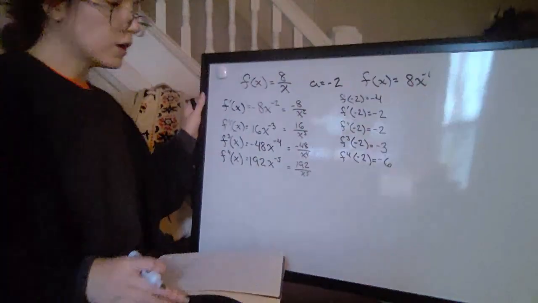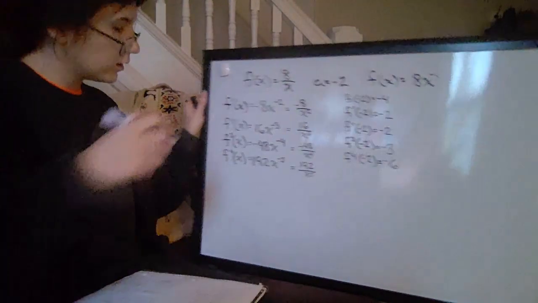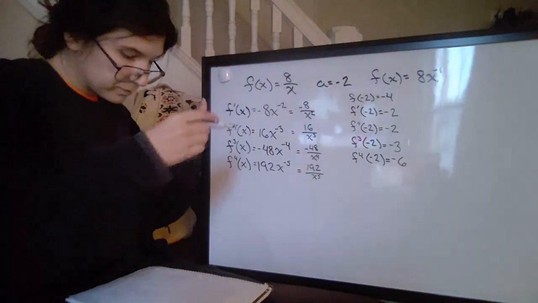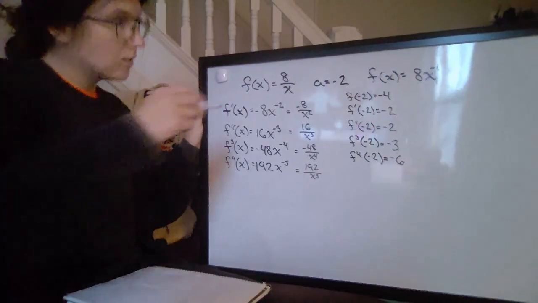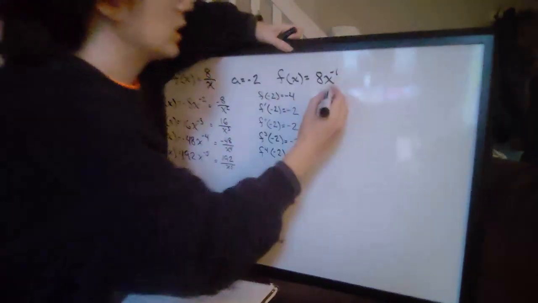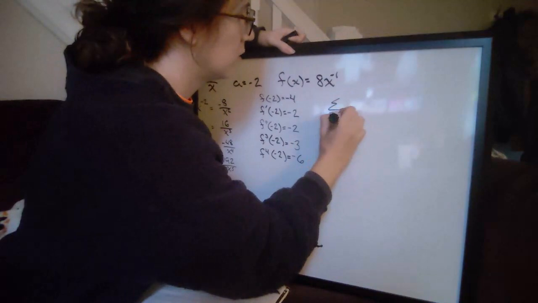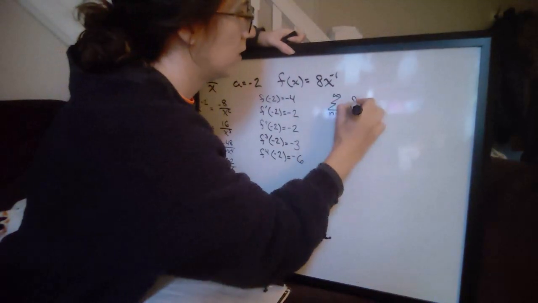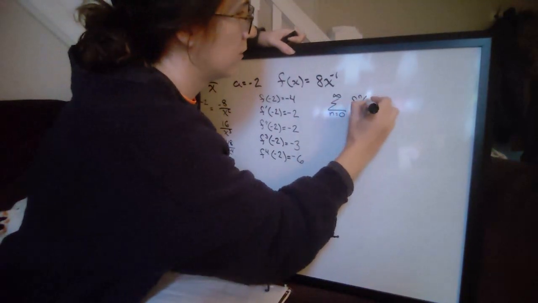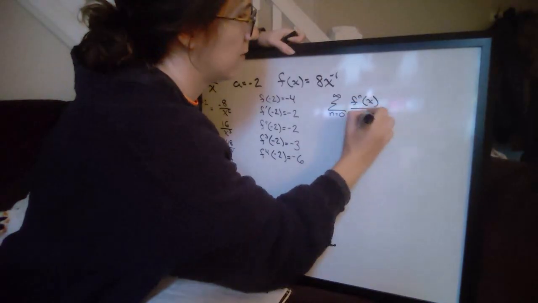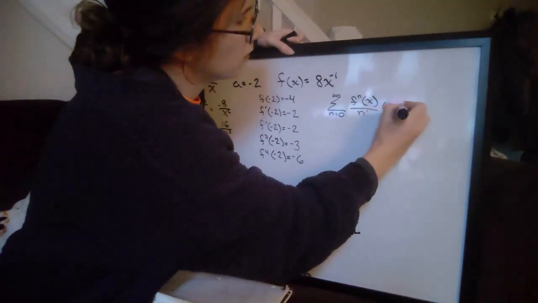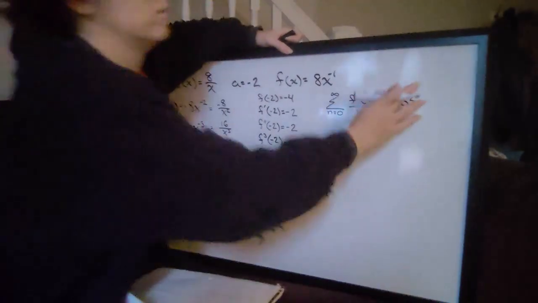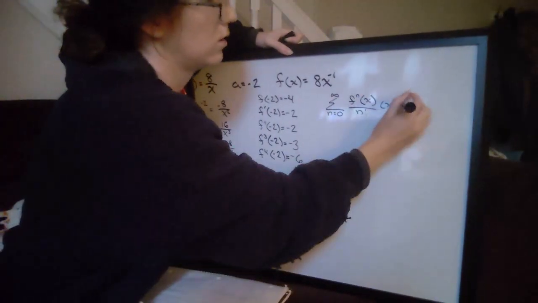All right. So now I'm going to do my Maclaurin series down here. I'll write it over here just so we have something to refer to. It is the sum from n equals 0 to infinity of the nth derivative of f at a, over n factorial, times x minus a to the n.